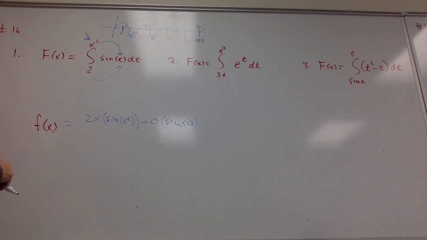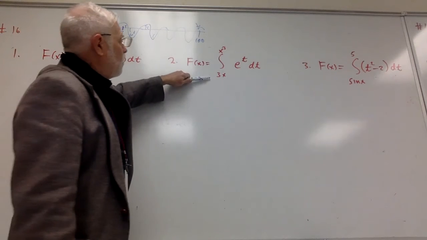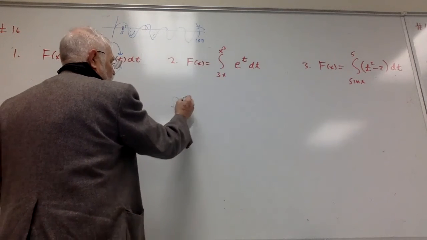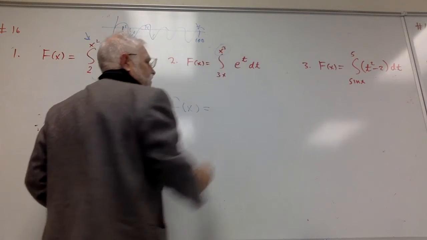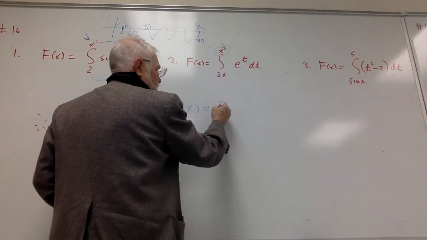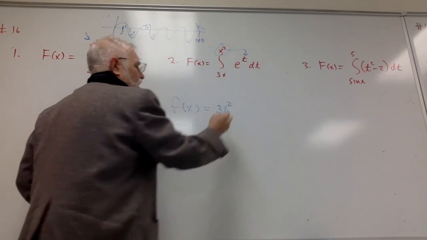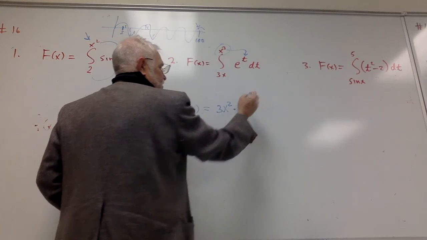We're going to do it again. Now we're going to take the derivative of big F if we go from 3x to x cubed of e to the t dt. So what do you do to find f of x? You take the derivative of x cubed, which is 3x squared. Then you drop it into the variable, times e to the x cubed.